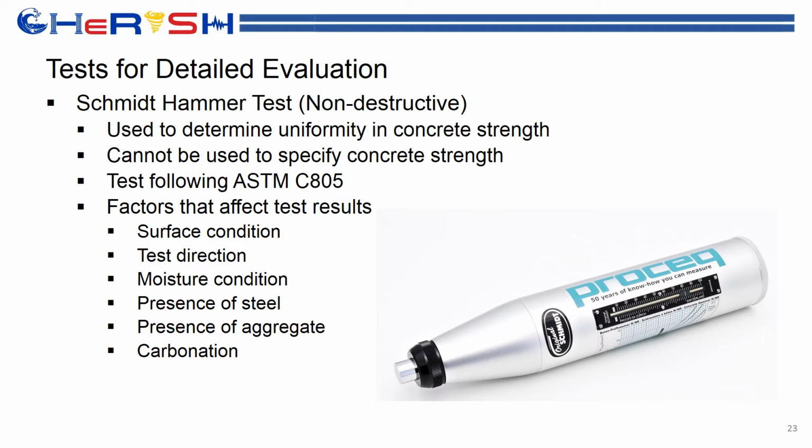If you happen to do the test in the exact location of your reinforcing bar, then you will have a higher hardness test, and the same thing is true for hitting an aggregate during the testing.